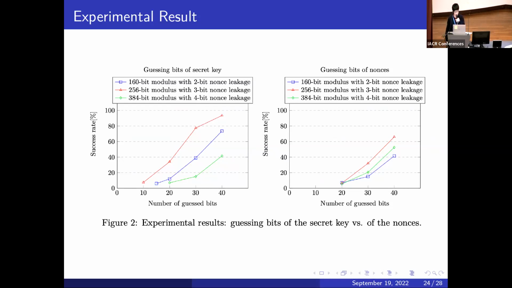And the algorithm we are using is just BKZ 30, which means that the computation cost is 2 to the 20 times BKZ 30, which we think is quite a reasonable time.